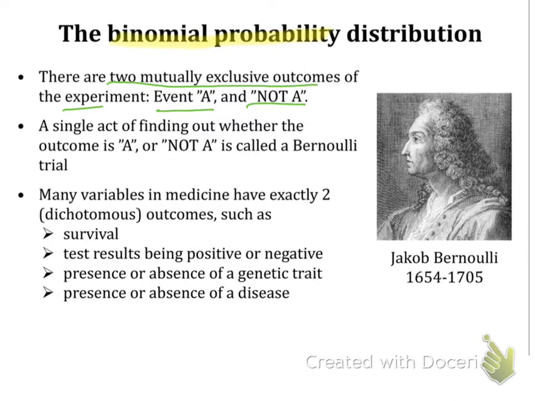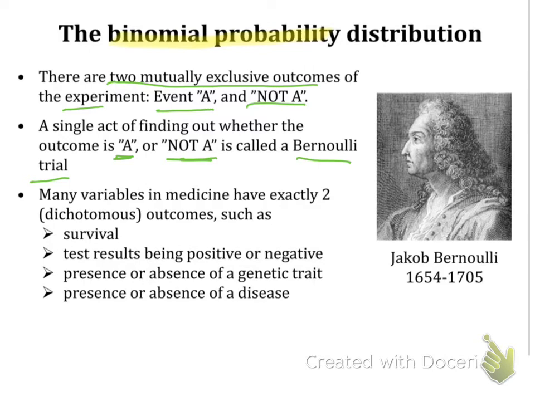If the probability of A is 0.3, the probability of not A will be 0.7, and so on. So a single act of finding out whether the outcome is A or not A is called a Bernoulli trial. You have only two choices, either happened or not happened, event or not event, A or not A.